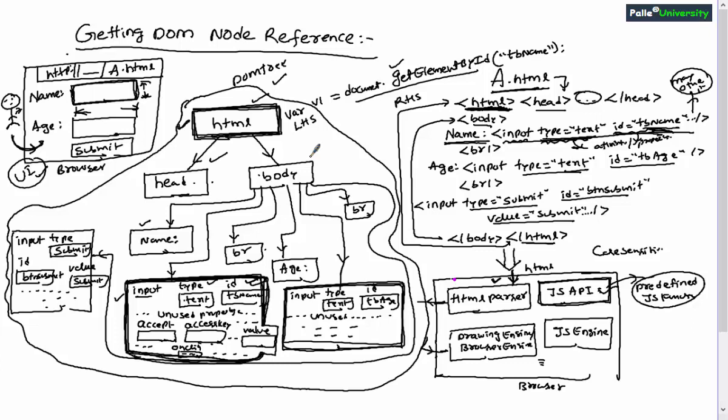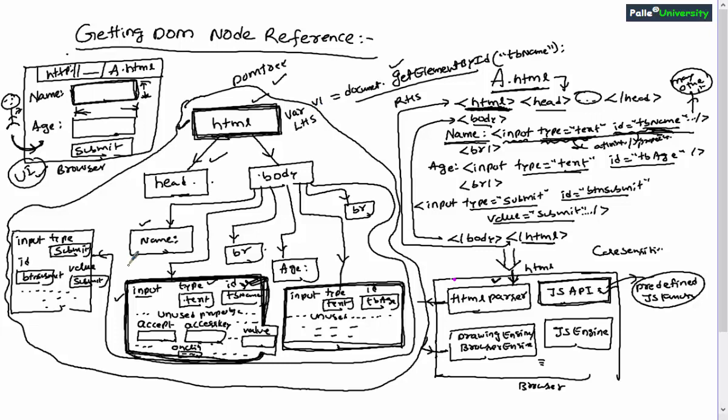What will it be searching for? The getElementById function will be searching for the node where id is equal to tbName. Once the getElementById function identifies the node which has the id value tbName, that DOM node reference will be automatically stored into the v1 variable, or into the left hand side variable.